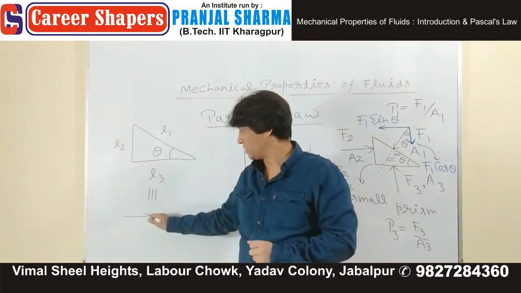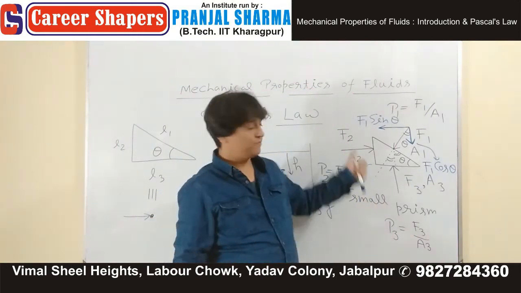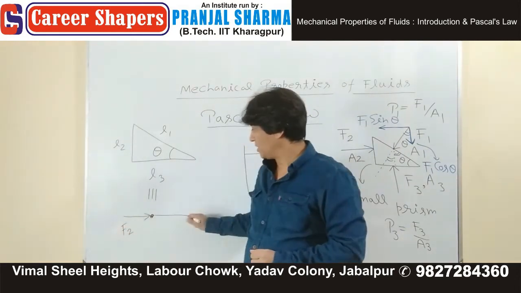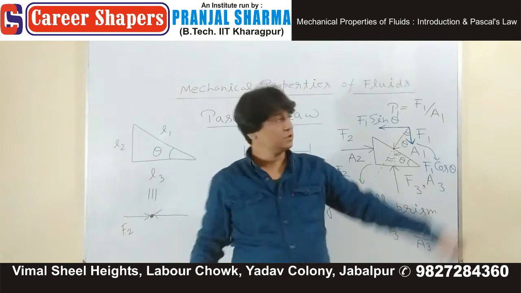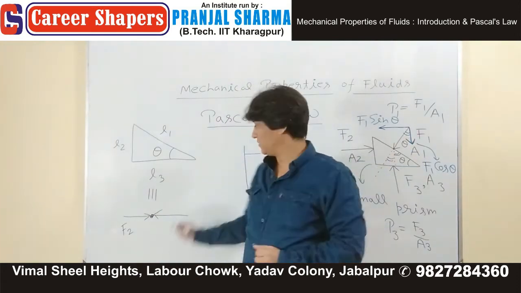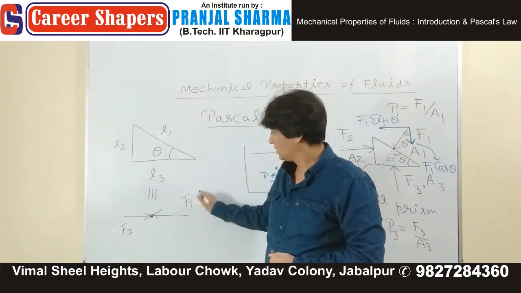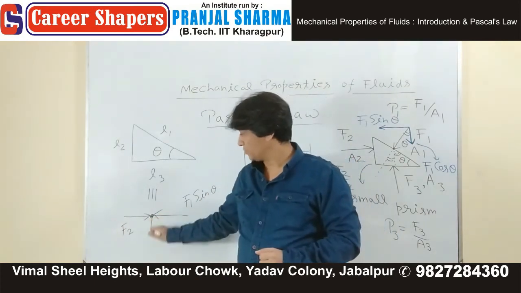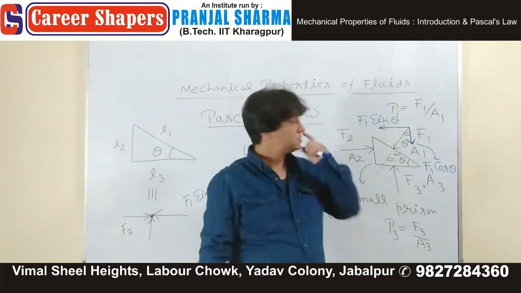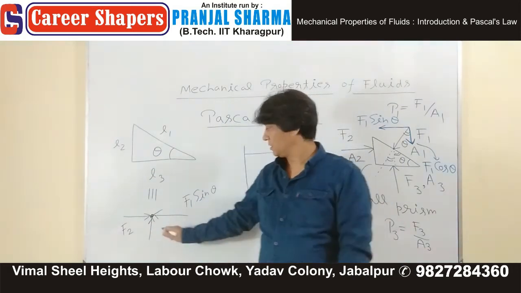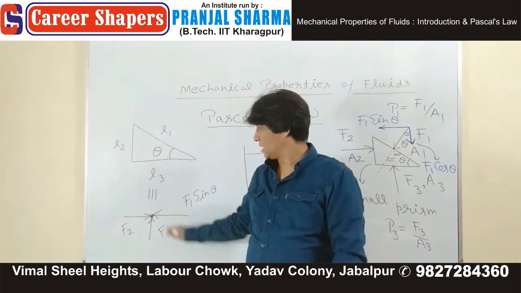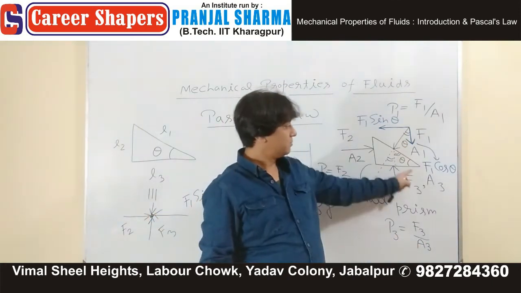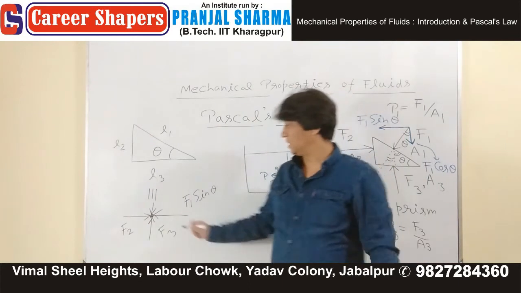A force is coming from this side, which is F2. A force is coming from this side, which is F1 sin theta. A force is coming from this side, which is F3, and the downward force is this component, which is F1 cos theta.